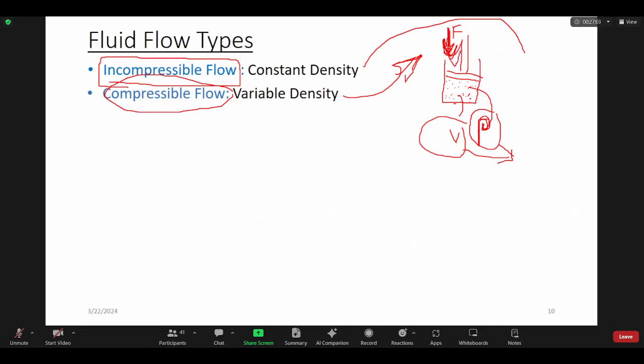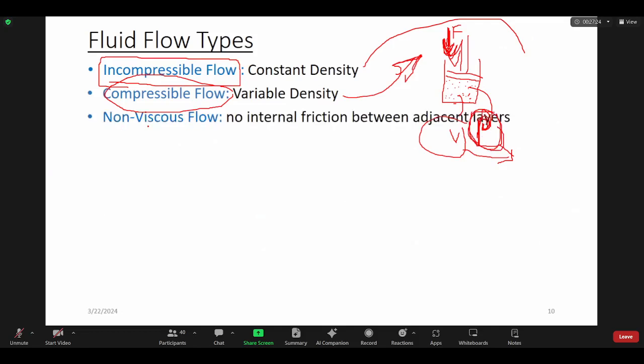According to force, volume does not change and density does not change. Compressible flow means volume can be changed and also density can be changed.